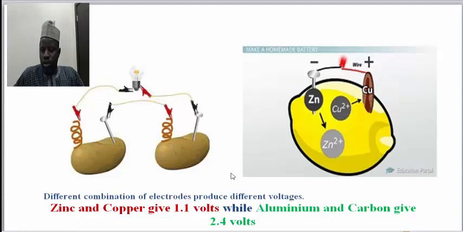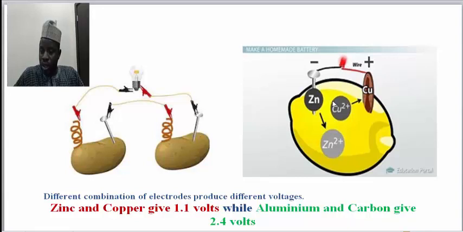Here we have two setups that satisfy our three conditions: two different conductors separated by a solution of acid or an ionic solution. We have a lemon here, which we know is acidic, a zinc nail and a copper material, to see whether this will act as an electric cell and produce electricity to light our LED.